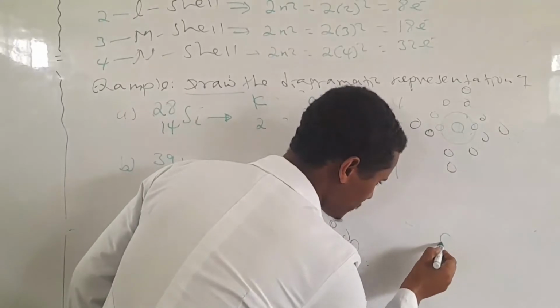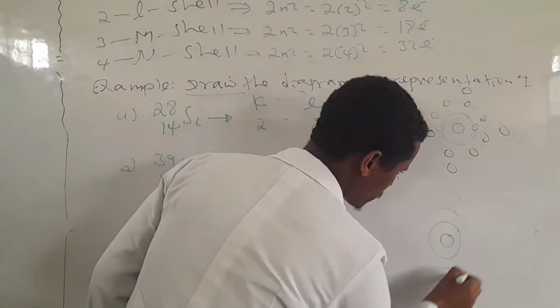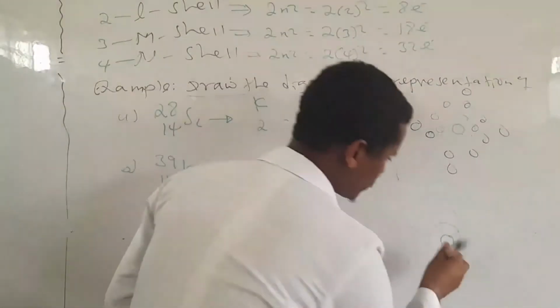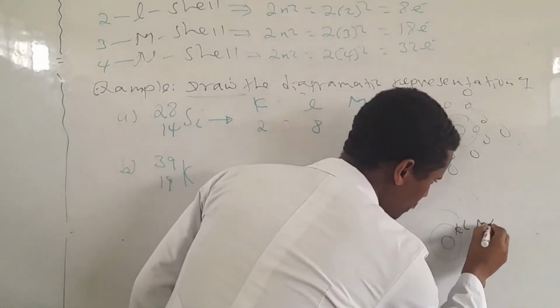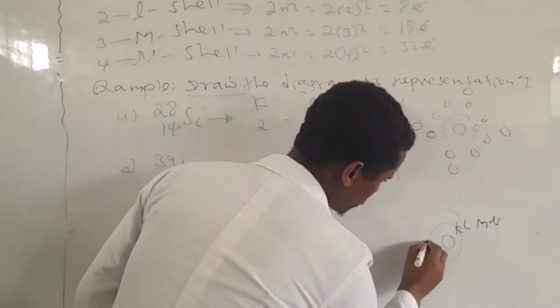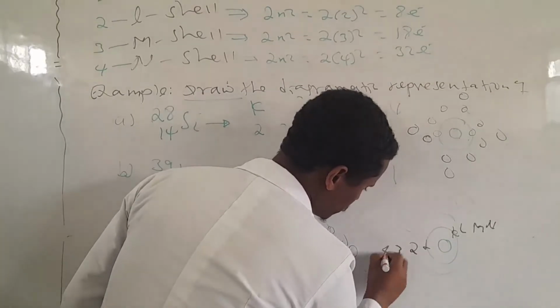Generally, the shells can be represented as nucleus, first shell, second shell, third shell, fourth shell. The first shell is the K shell, then L shell, M shell, N shell. K shell means 1, L shell is 2, M shell is 3, N shell is 4.